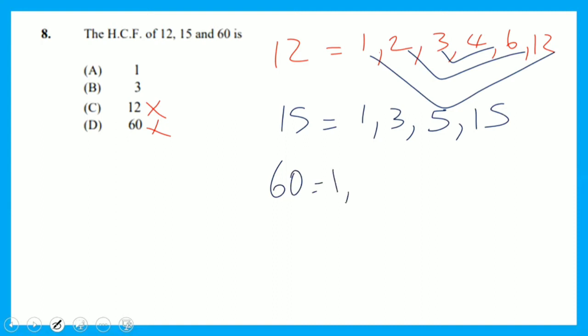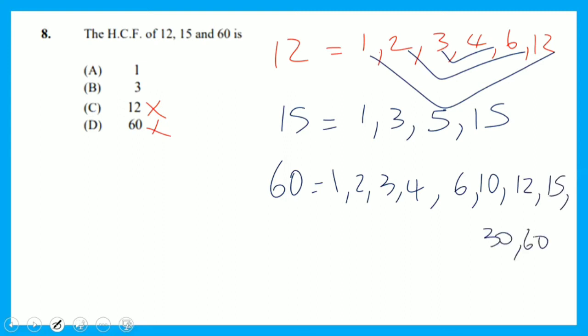You can go ahead and list them. 1, 2, 3, 4, 6, 10, 12, 15, 30. Let's check if we missed any. This will prove to you why checking for the pairs is a good strategy. 1 times 60, 2 times 30, 3 times, oops, we're missing something.